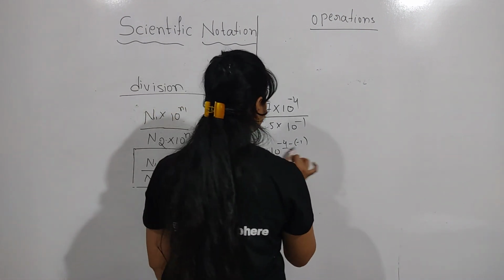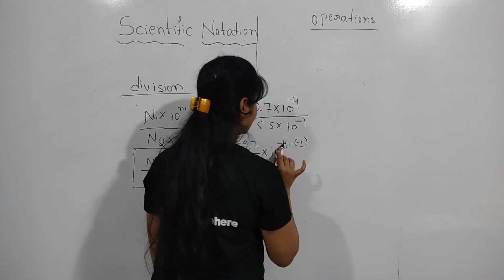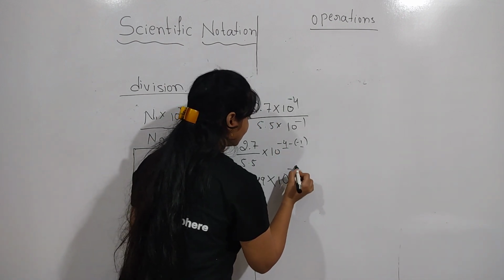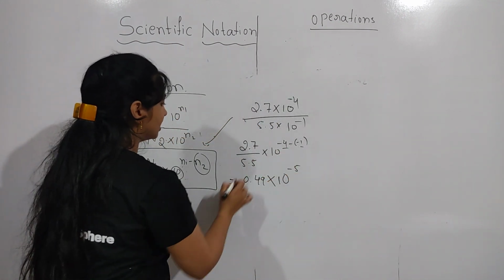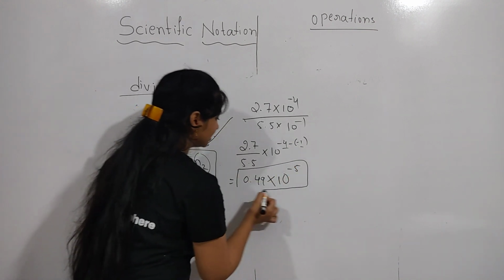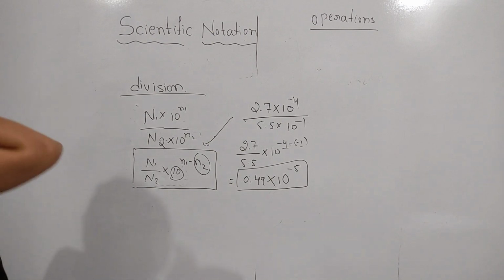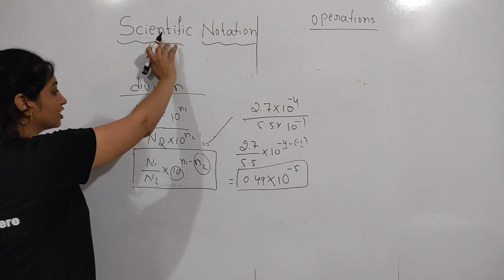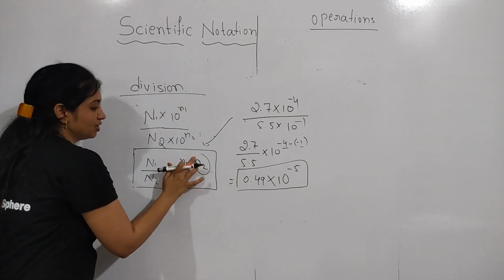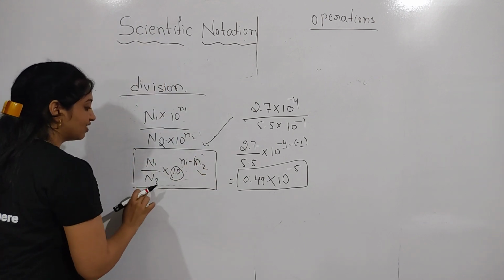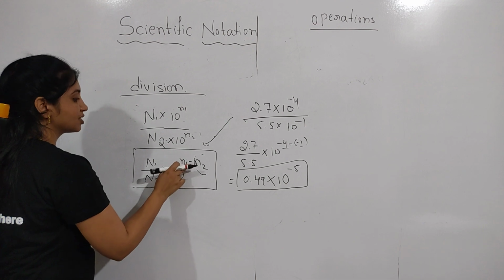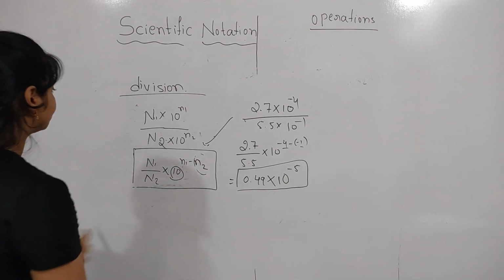That's why 4 plus 1 is 5. 10 raised to 5 will be the answer in the division operation. How do you divide numbers in scientific notation? Just use this formula: n1 divided by n2 into 10 raised to n1 minus n2.